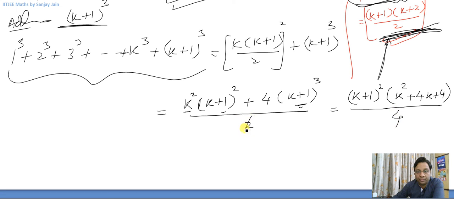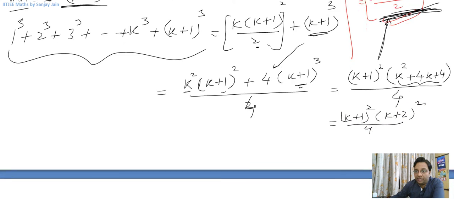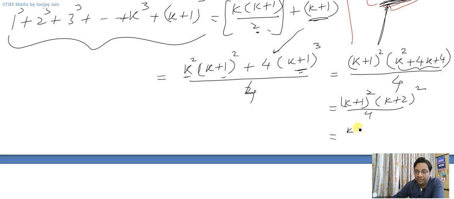This should be 4 here because square of 2 is 4, right? That is why I multiplied this term with 4. Alright, so if you notice, this is nothing but (k plus 2) whole squared. So (k plus 1) whole squared into (k plus 2) whole squared divided by 4, or you can write it in your desirable form like (k plus 1 into k plus 2 divided by 2) whole squared.